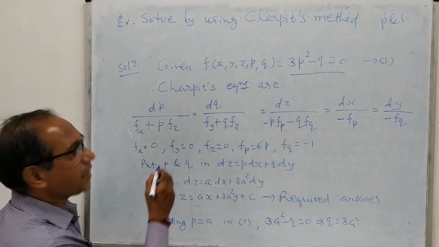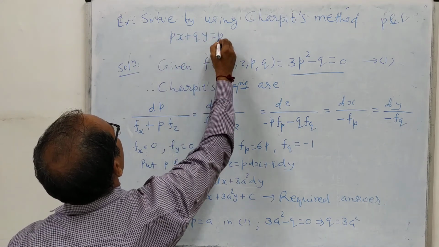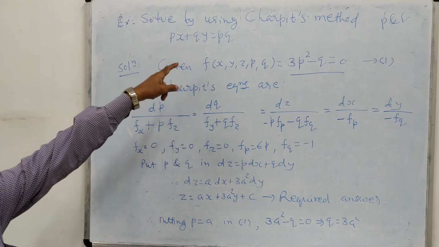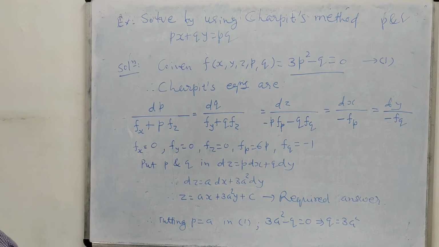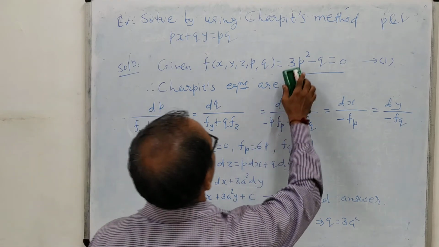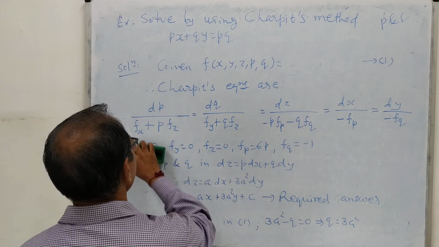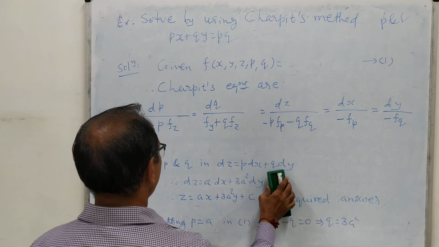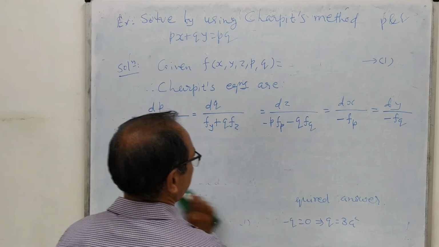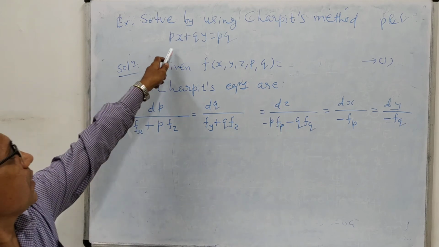px plus qy equal to pq. See, this equation contains p, q, x and y. So if we solve this equation by using the same method, we will write down the given equation in this form.